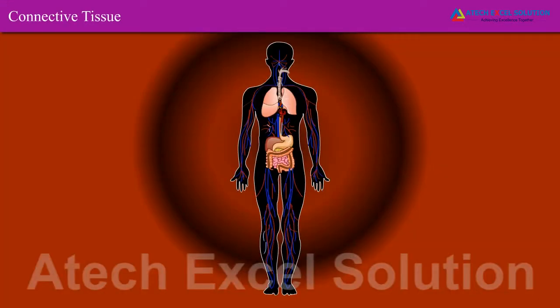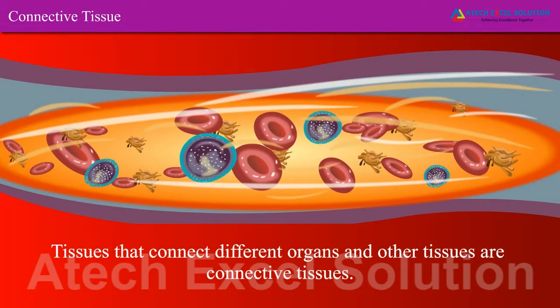Tissues that connect different organs and other tissues are connective tissues. The cells of connective tissues are living. A homogeneous gel-like intercellular substance called medium or matrix forms the main bulk of the connective tissue.